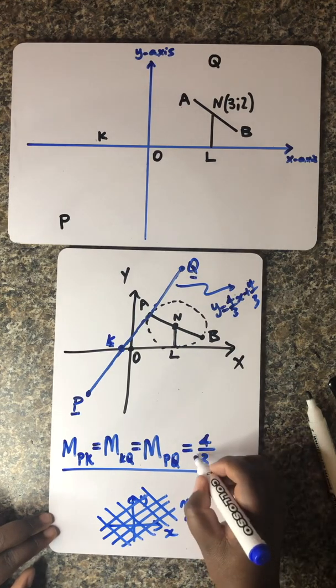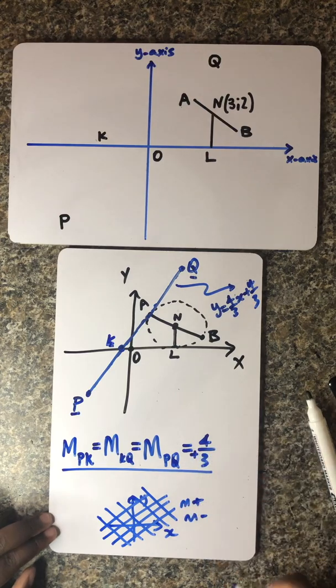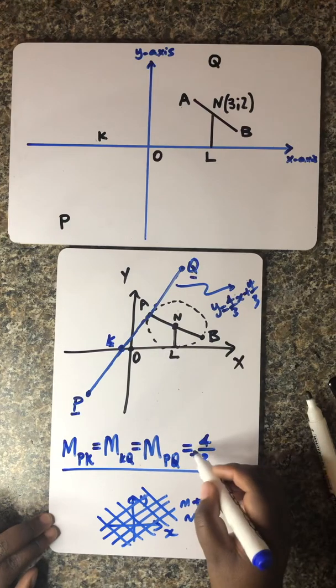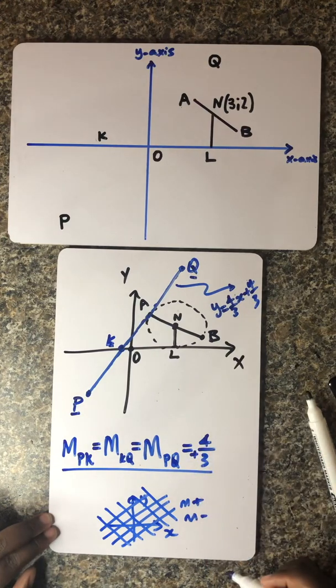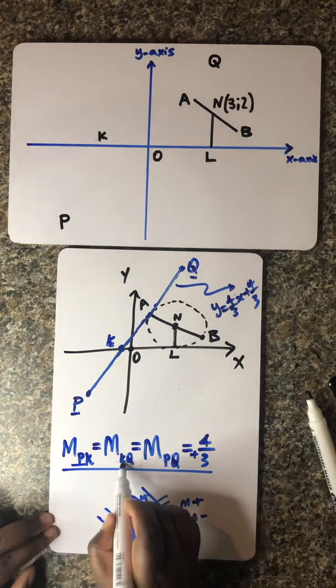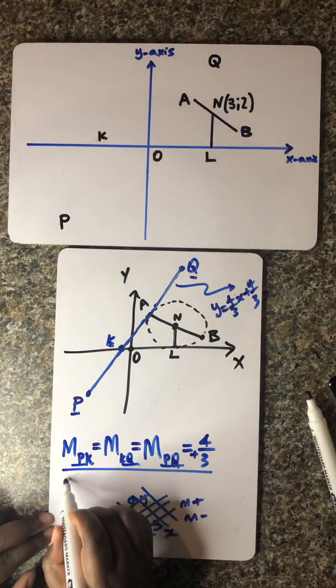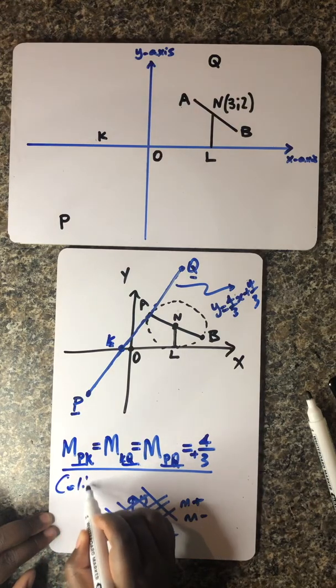So it confirms that this is a line in that direction. Why? Because of a positive gradient. Okay, very much important, ladies and gentlemen. So why are all of these having the same gradient? It is because these are collinear points.